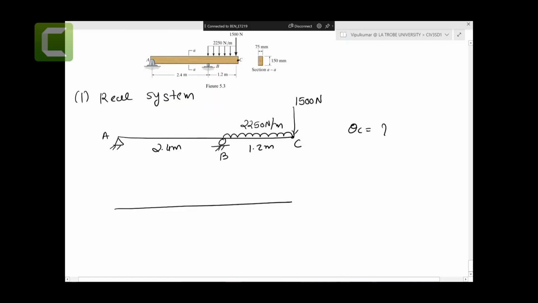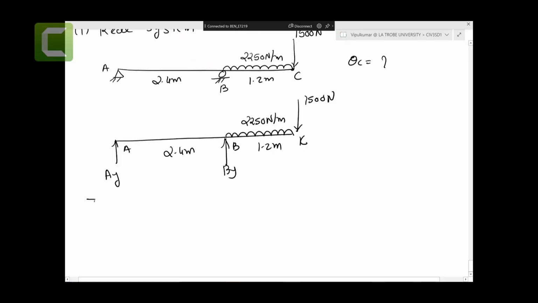So first, let's draw AY, BY, 2.4 meters, 2250 Newton per meter, 1500 newtons, 1.2 meters, C, B, and A. So the sum of the moments at A equals 0, anti-clockwise is positive.